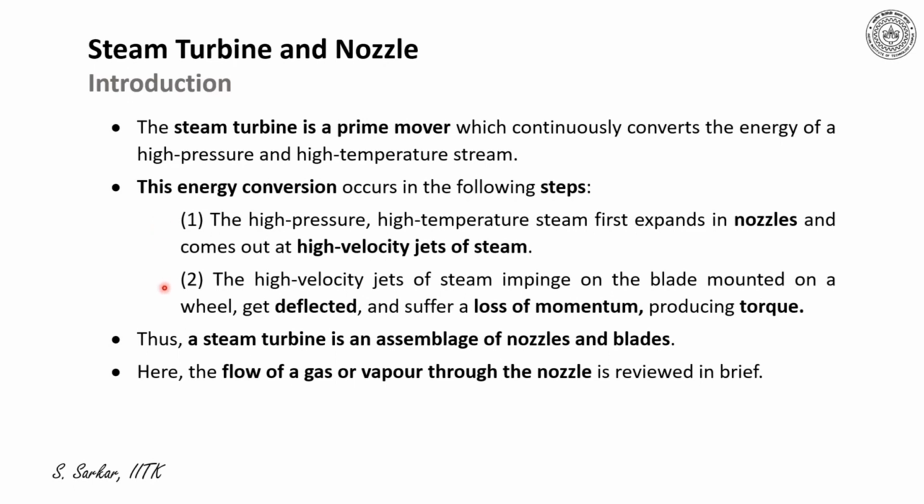In the second step, these high velocity jets of steam impinge on the impeller mounted on the wheel and get deflected, thus suffering a loss of momentum, producing torque. Thus, a steam turbine is an assembly of nozzle and rotating blades. Here, the flow of gas or vapor through nozzle is reviewed in brief.